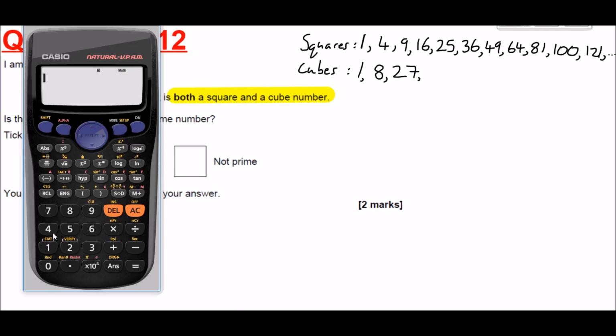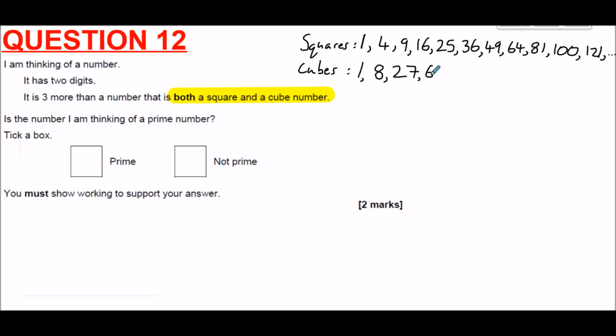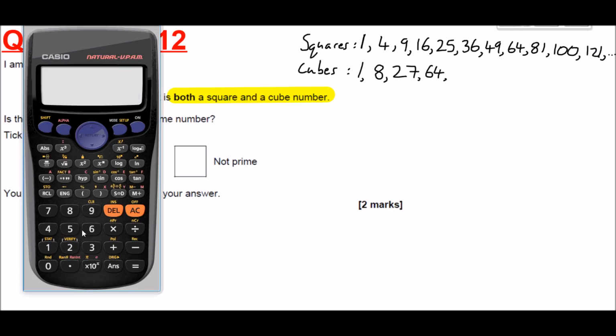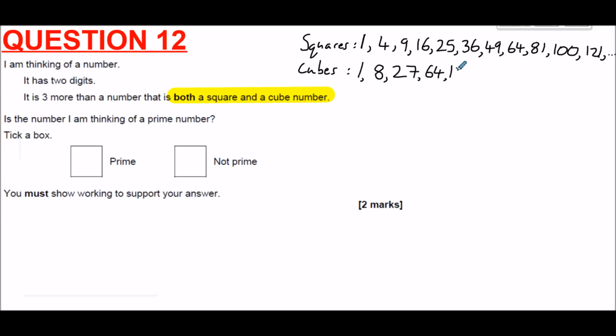Then 4 cubed, 4 to the power 3, will be 64. The next one, 5 to the power 3 equals 125. I could keep going, but if I kept going, my square numbers would be falling behind quite a lot because my cube numbers have already got bigger now. 125 is bigger than 121.